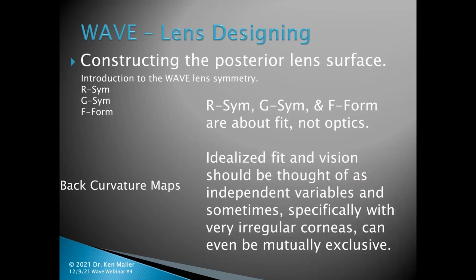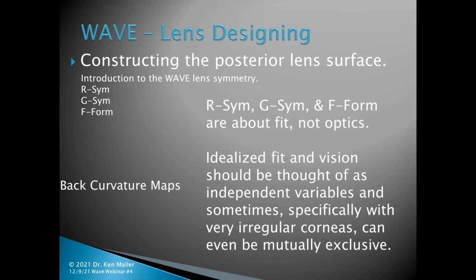But understand, R-Sym, G-Sym, and freeform are about fit. It has nothing to do with optics. So when you're thinking about which symmetry you need to employ for a specific case, it has nothing to do with vision. It's purely a fit consideration. Furthermore, idealizing the fit and idealizing the vision should be thought of as independent variables. Specifically for irregular corneas, they can be mutually exclusive.